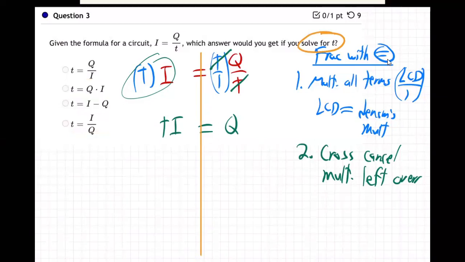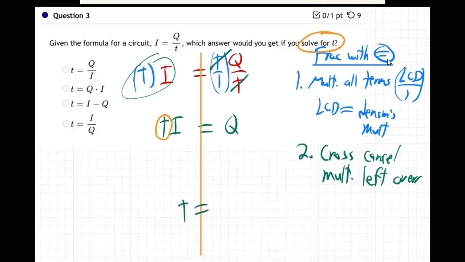This is like my keep your eye on the ball kind of thing. It's tricky when there are lots of letters. It's easy to get lost in the sea of letters and wonder what am I doing here again? Which one's the X, so to speak? In this case, it's the T. They're asking us to get the T alone. So T is over there yelling out, I want to be alone.